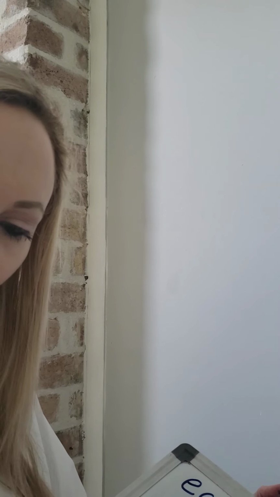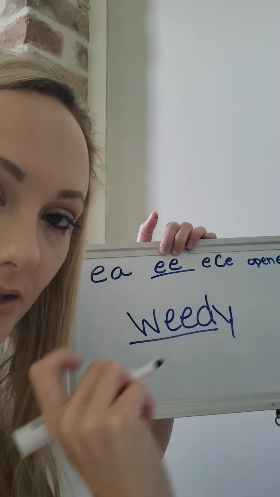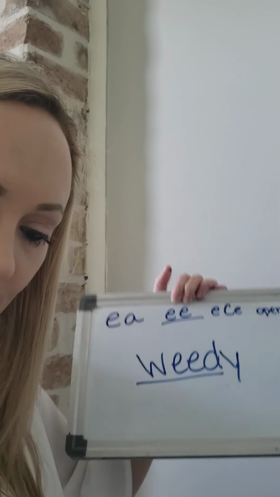I need to go clean it. Weedy. Okay, so that Y kind of makes an E sound, doesn't it? But we're not looking at that because this is our accented syllable. Say that. Weedy. We're accenting this first syllable. We've got an EE pattern, and it's accented in the first syllable.